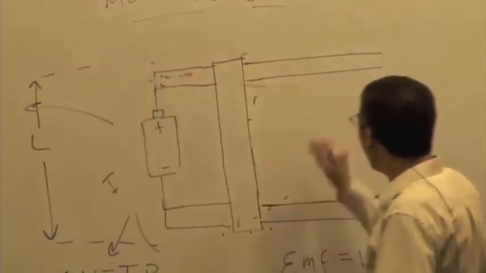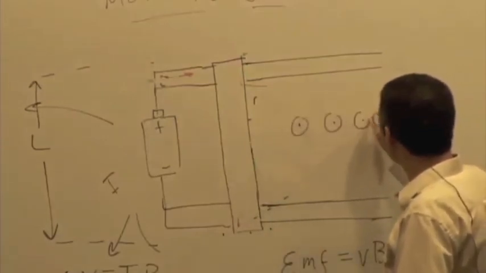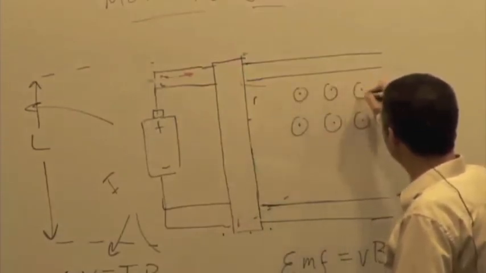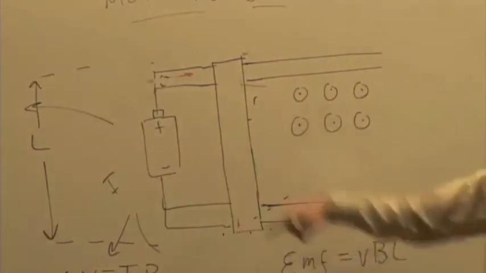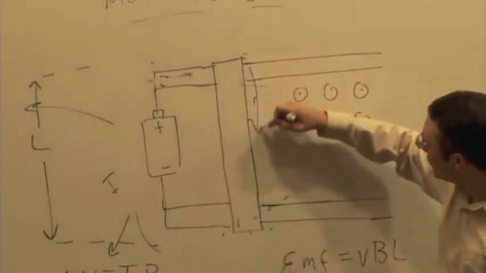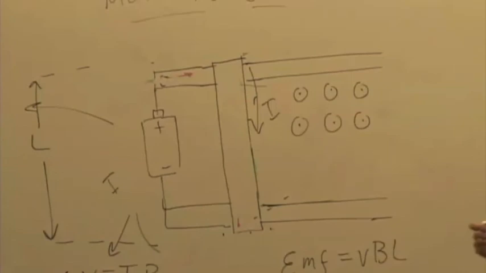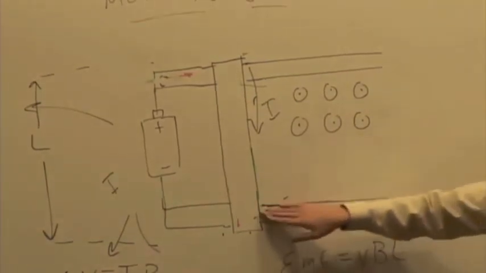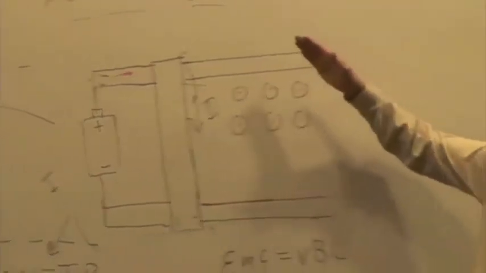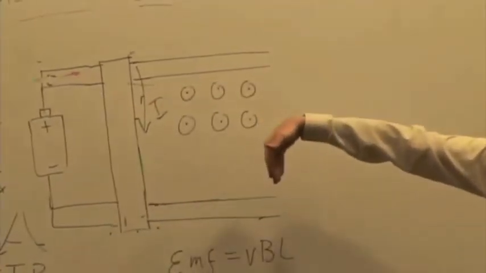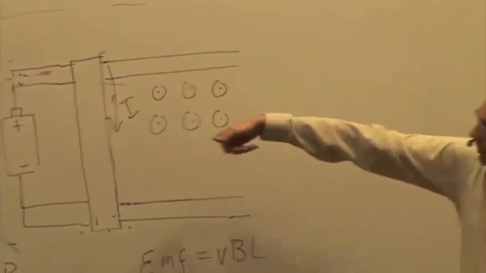And again, I still have this magnetic field pointing out. Okay? So the battery is going to drive a conventional current in this direction, right? And so it's the battery that's driving the current, but there's a current in the presence of this bar that's free to slide, and the force is going to be I cross B gives us a force in that direction.